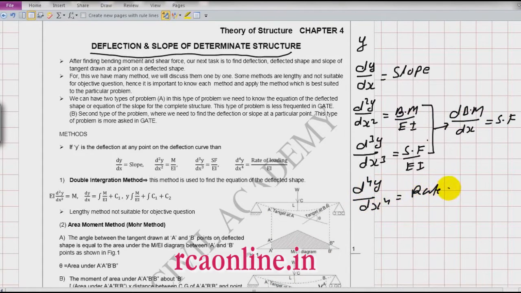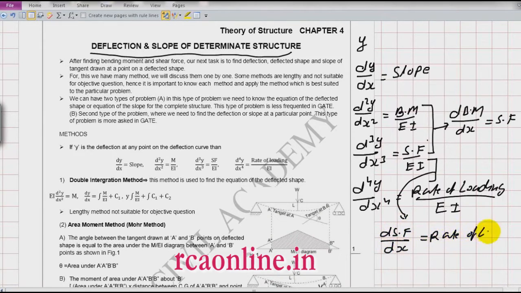I discussed this in depth while discussing slope, deflection and moment distribution. So by these, I can say another thing, which is that d(shear force)/dx is rate of loading.